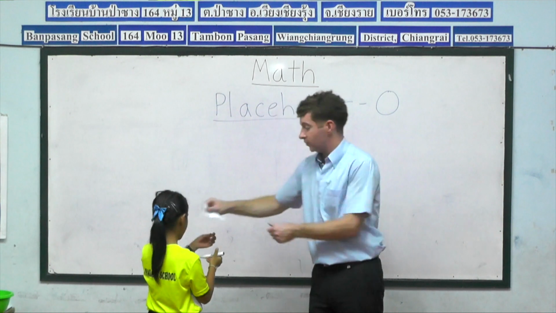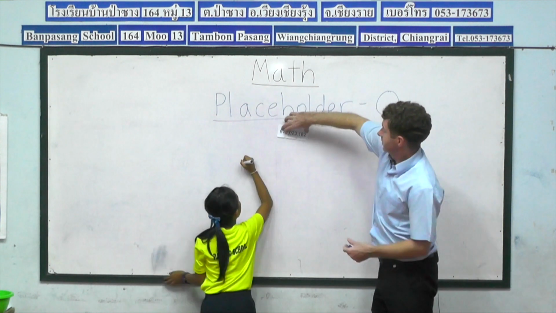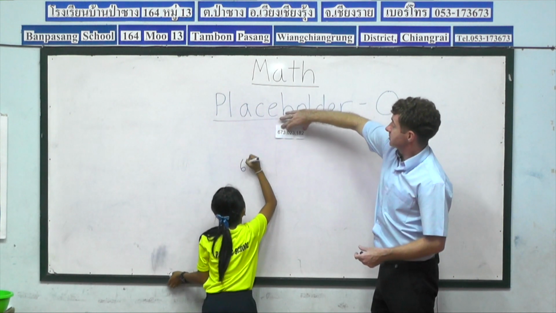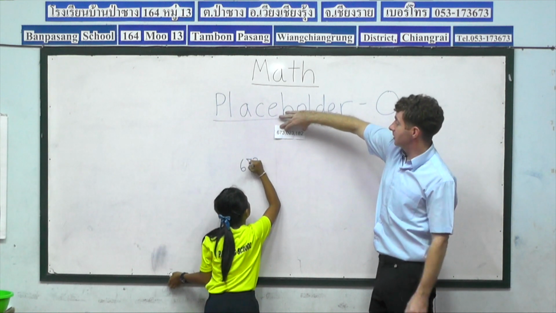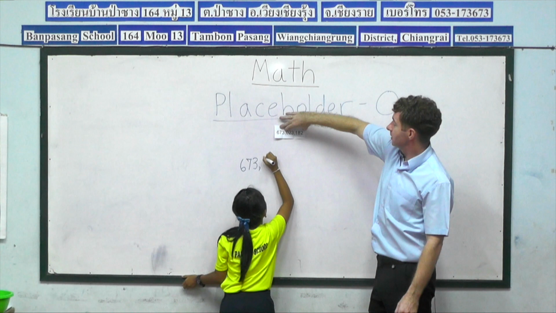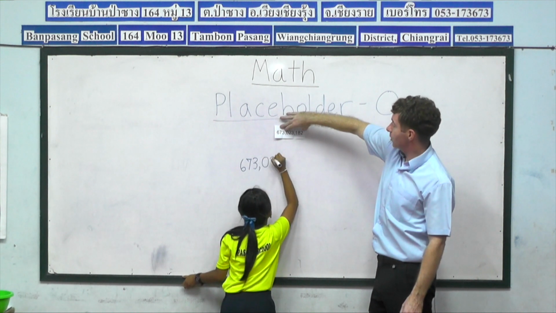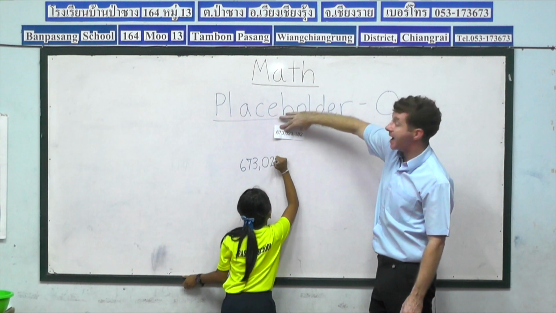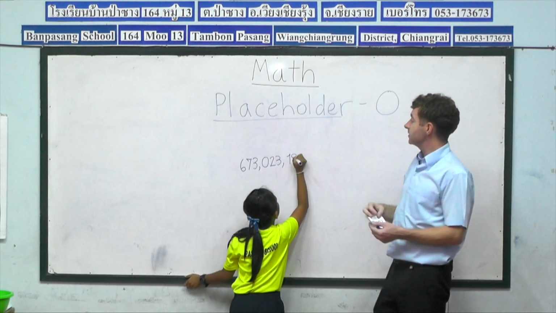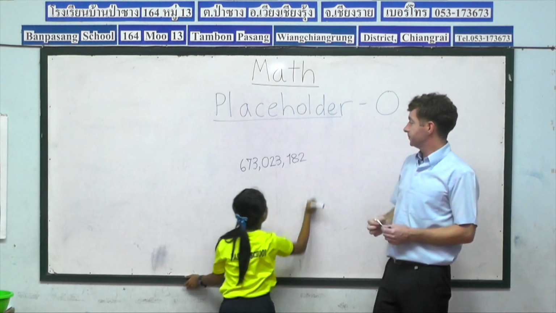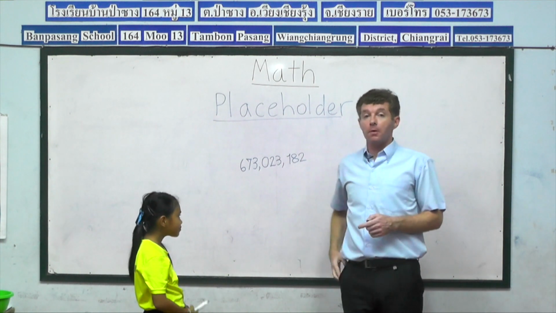I will hold it for you. So we can say 73 million, 23,182. Okay, so we have our number on the board.